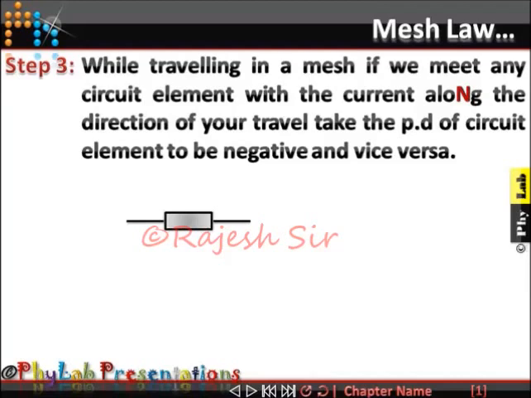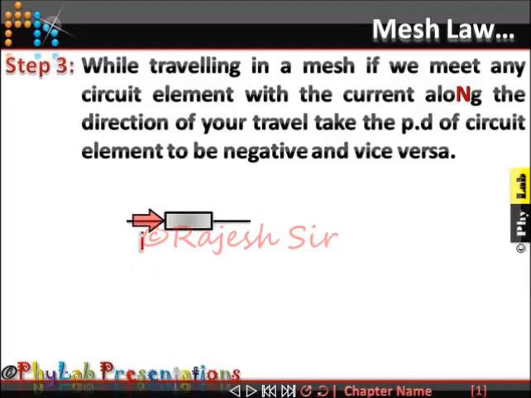So if you are meeting a resistance and you are traveling along the current, now notice here I have just put this N highlighted. So if you are traveling along the direction of current, then the potential drop of the circuit element must be taken with a negative sign.